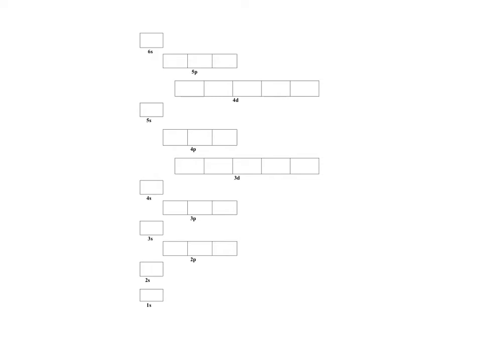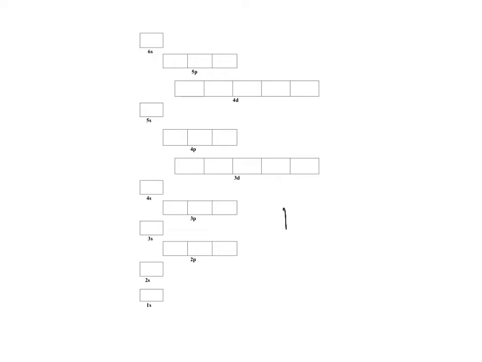So here on the screen in front of you is what looks like a random assortment of boxes. It may seem that way, but they are in fact not quite random. If you have seen the electron configuration video, you know that electrons fill the levels in a specific order.